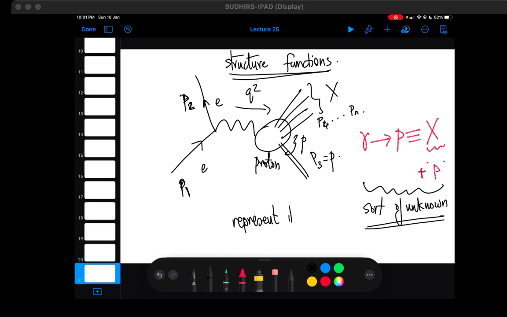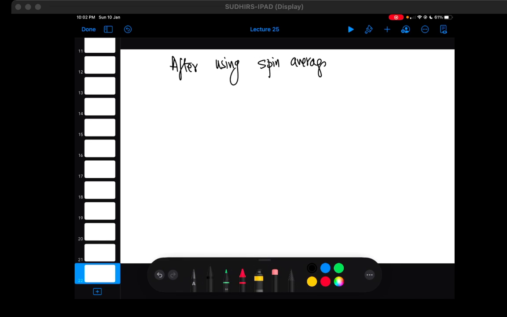It turns out, after using spin averaging, Lorentz symmetry, and other tricks of the trade, that at the end of the day it has only two parts.